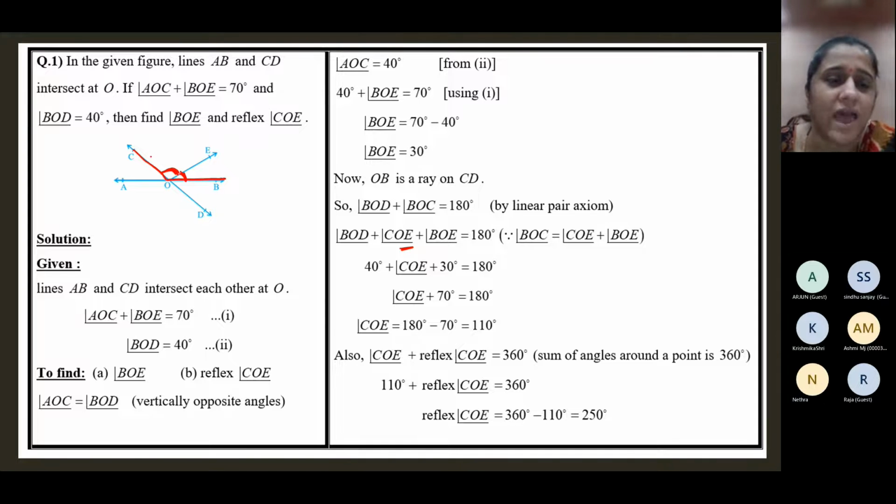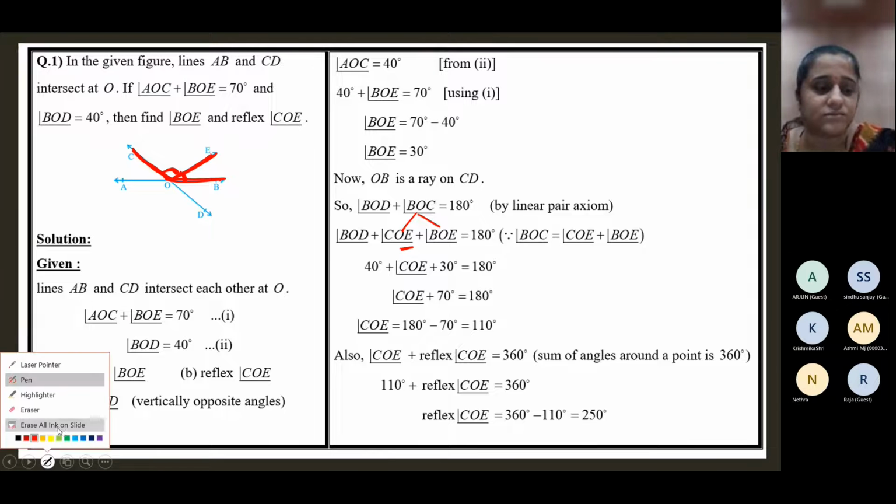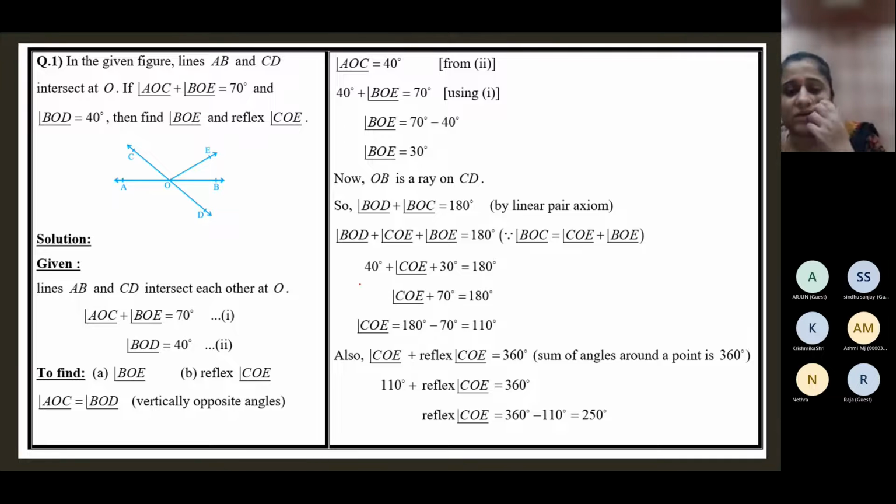So this angle is called angle COE, or you can call it EOC. And this angle is EOB or BOE. The sum of this angle and this angle is equal to BOC. So BOC, we split it as COE and BOE. Yes, ma'am, I understood. Okay. And we know these two values. We know BOD is 40, BOE is 30.